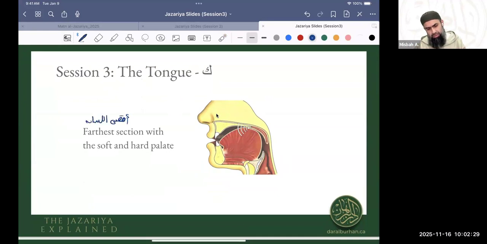But we've moved forward. Where have we moved to? The area where the soft and hard palate is. Understood? Still clear? I think there's no issue. It's not hard. So ak, ka, ki, ku is coming from further, closer to the front, or lower in the tongue. Okay.